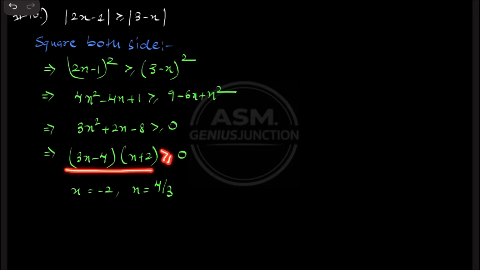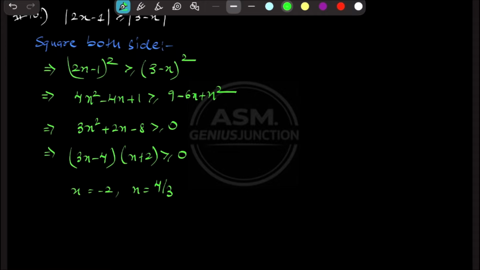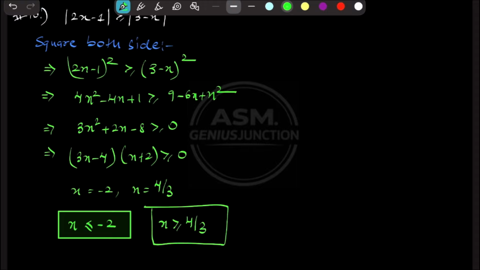This is possible only if both of them are positive or both of them are negative, right? So my final answer is x ≤ −2 or x ≥ 4/3. Because at these two values either both of them are positive or both of them are negative. So this is the final answer for the given question.